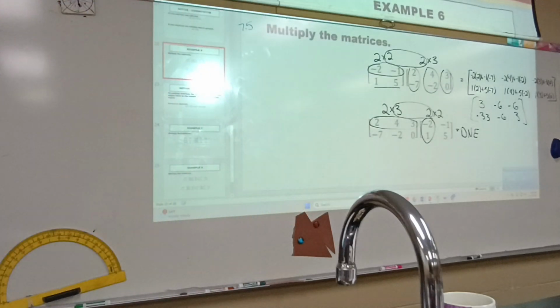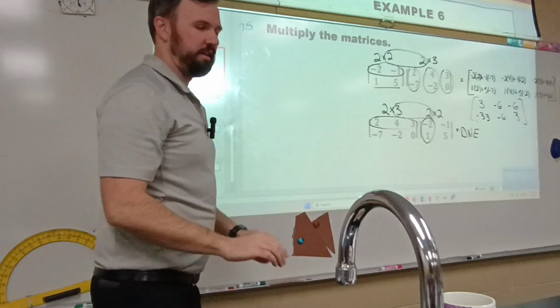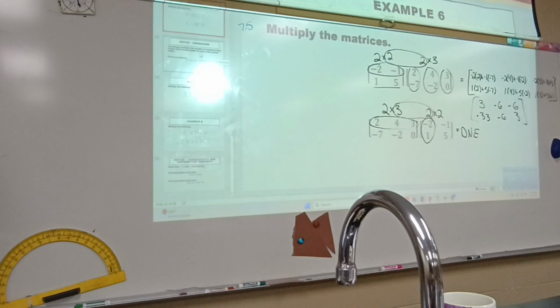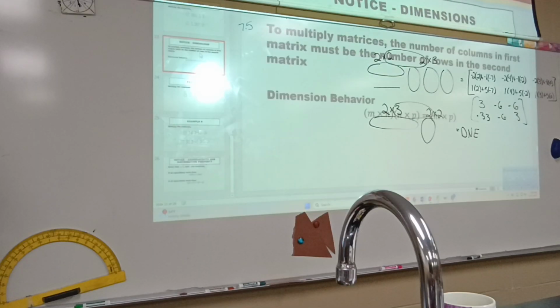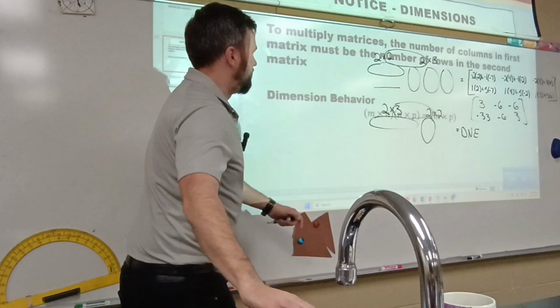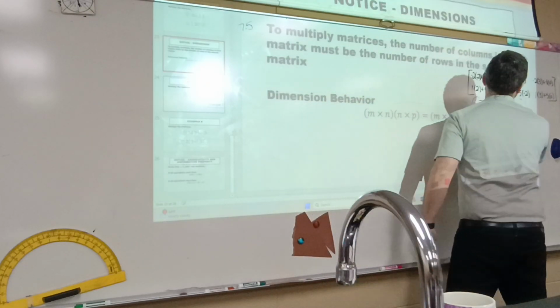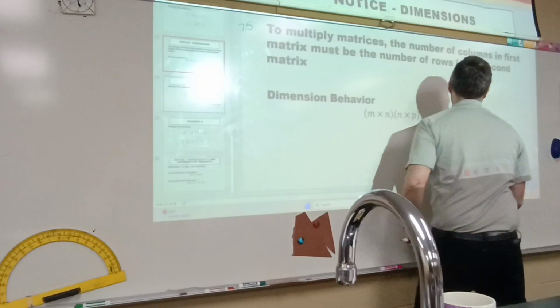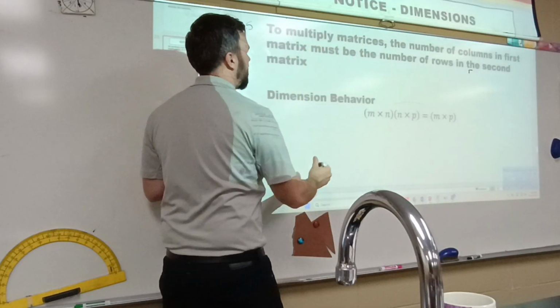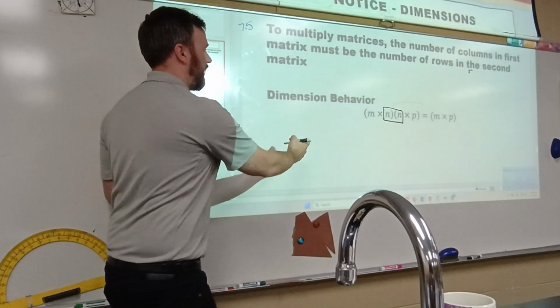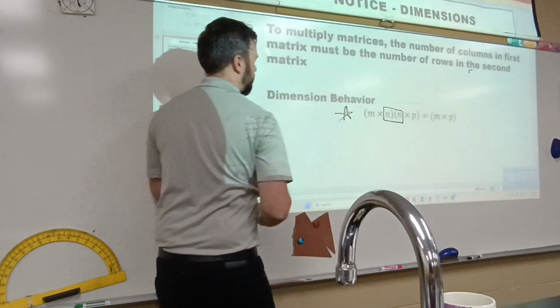If they don't match, you cannot multiply them. If the two numbers next to each other do not match. And that's what this says. This basically says that you cannot multiply two matrices unless these numbers match. I actually really like this dimension rule.